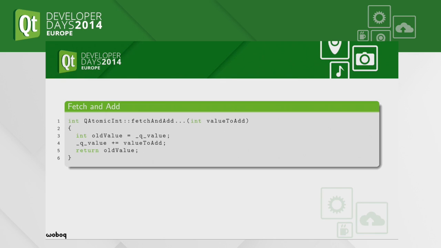Fetch and add allows you to add a value atomically, or subtract, because you can use a negative value here. Again, this line here is not a single operation.